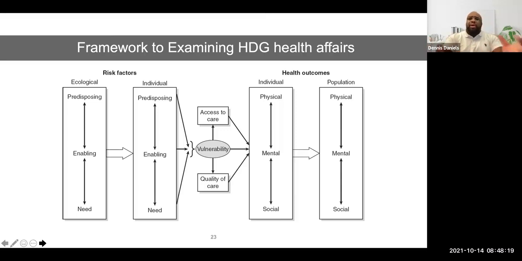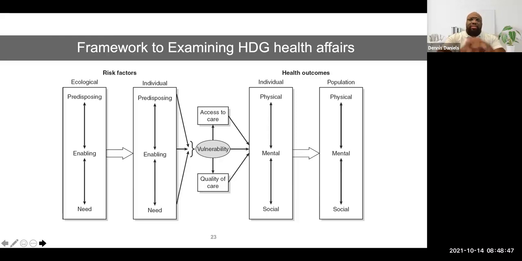So this is a comprehensive model that helps us to look at how various levels of vulnerability can collide with one another to yield varying outcomes among populations or among individuals, depending on how the framework is used.